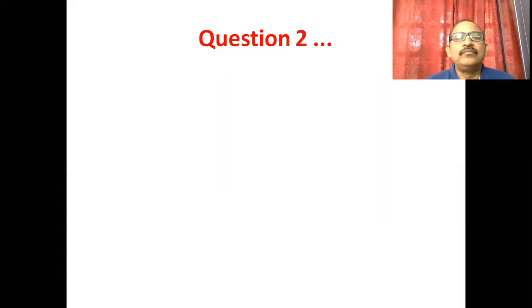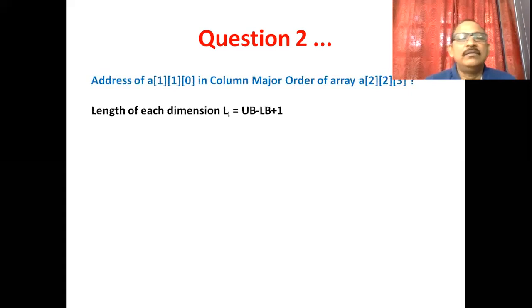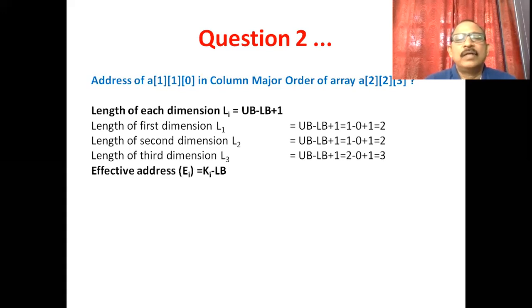Okay. Now, in column major order, again we determine the length of each dimension, Li, using the formula upper bound minus lower bound plus 1. Okay, L1, L2, L3. L1 is upper bound minus lower bound plus 1.